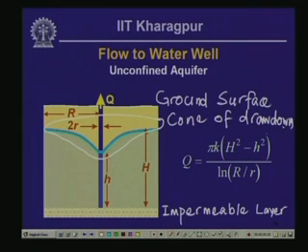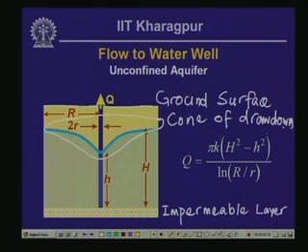And then the symbols capital R or the uppercase and lowercase r, both of them represent the same thing as before. And here what we have is the height of the water table above the impermeable layer. Originally, before drawdown, it was uppercase H, and that at the well itself is represented by lowercase h.